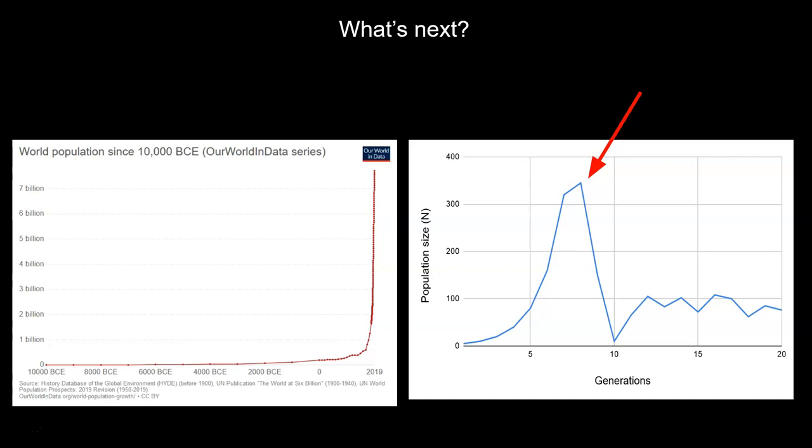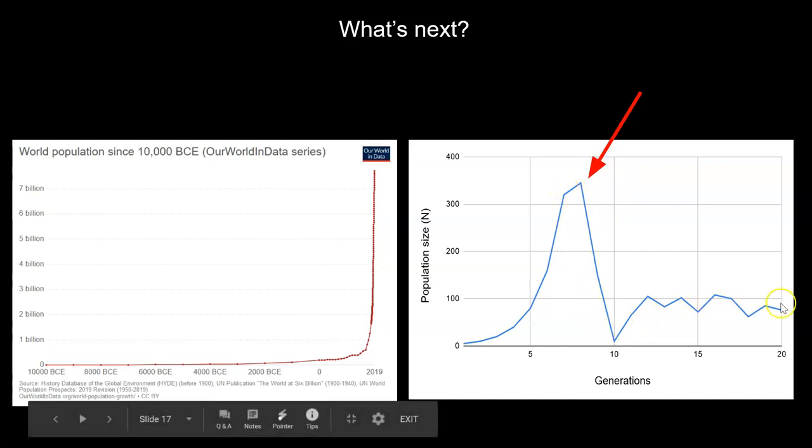But here's the thing about humans: we're really good at technology. We're really good at sciencing our way out of conundrums like this one. Are we doomed to this crash phase before we level out? I'm not sure.